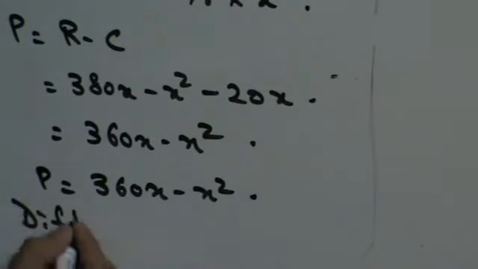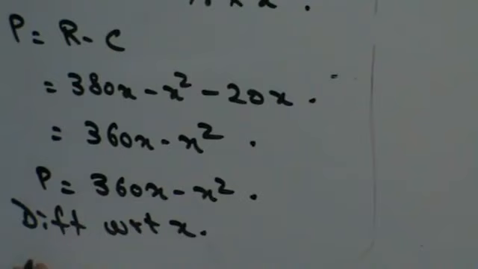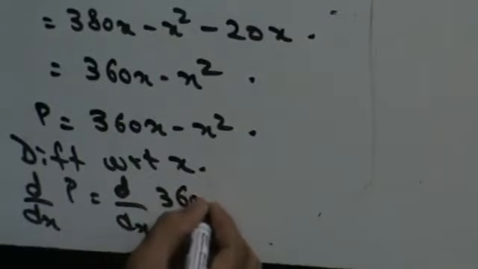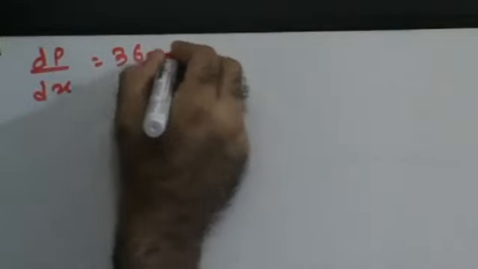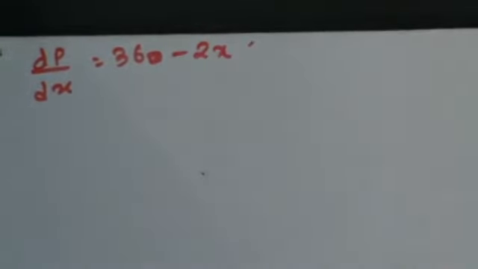Differentiate with respect to x. So I'll get d by dx of P is d by dx of 360x minus x square, right? In which case you will get dP by dx is equal to 360 minus 2x.